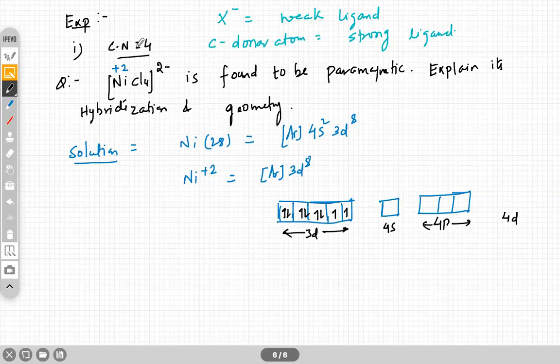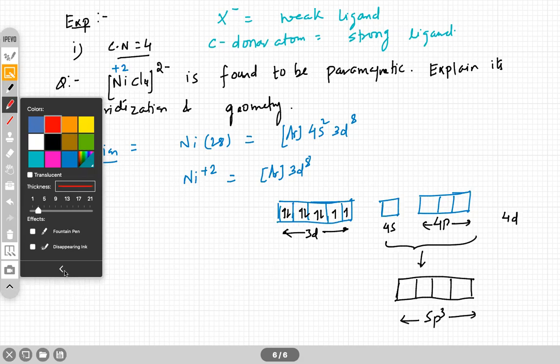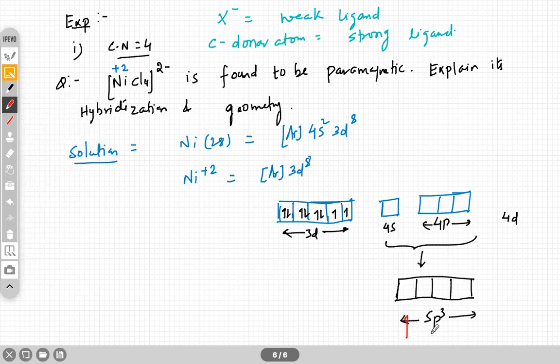We require only 4 orbitals here, so that we can get 4 hybrid orbitals in which the 4 ligands can donate their lone pairs. So these 4 empty orbitals go under hybridization before the bonding, and form 4 sp3 hybrid orbitals, in which the 4 chlorine atoms donate their electron pairs. The ligand donates its electron pair and makes a coordinate bond with the metal.